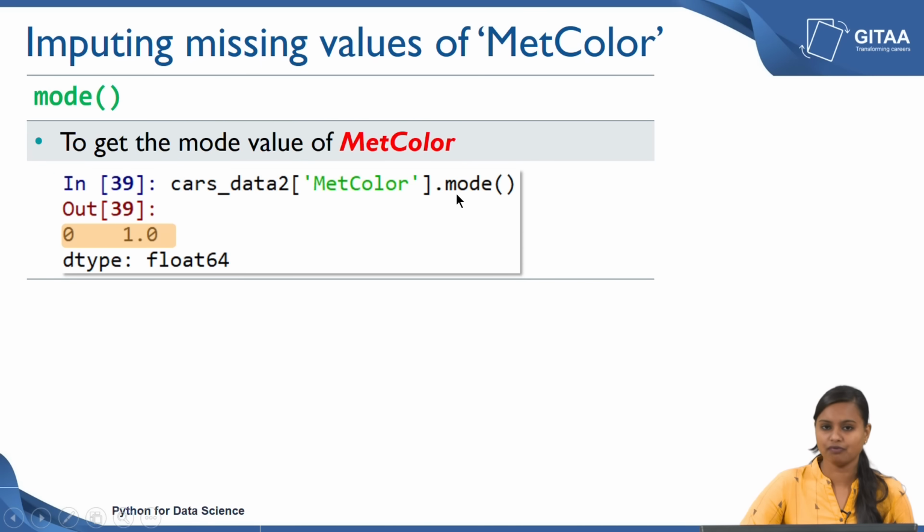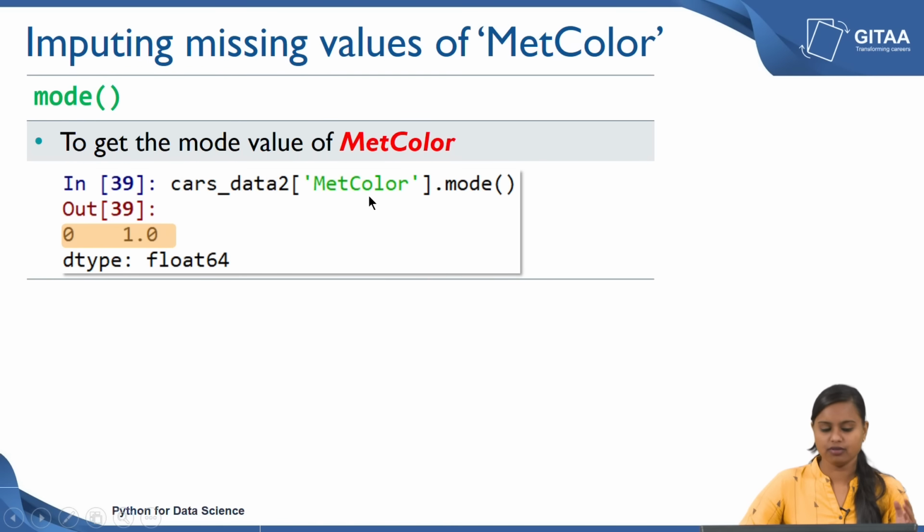The dot mode function gives you an output which is shown here. It basically gives a value along with the index. The mode value of the met color is 1.0; since it has missing values, it is giving you a floating point, that is 1.0, ideally it should be 1, and the index of the value is 0.